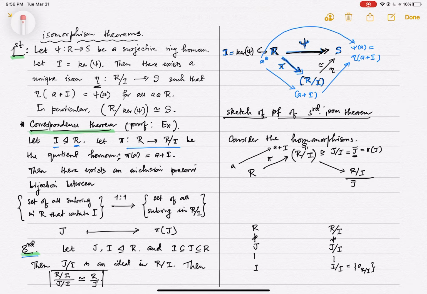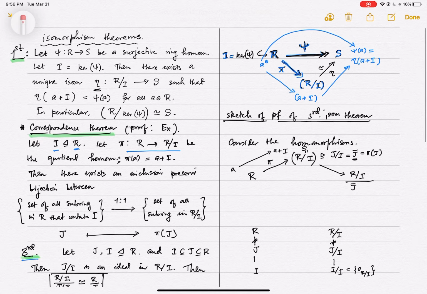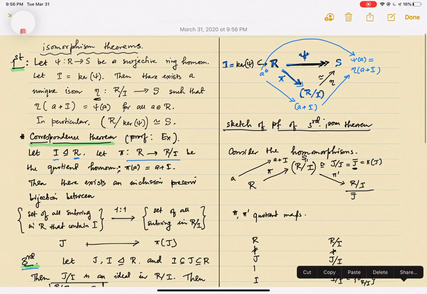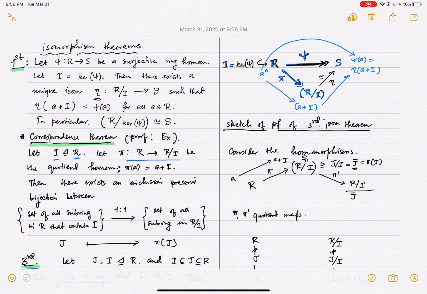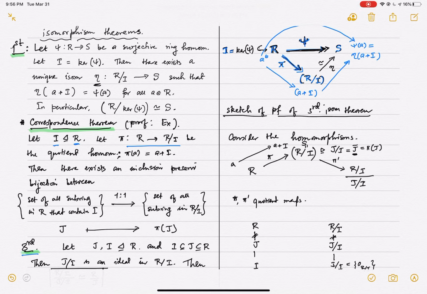Okay. So this is also a quotient map. Let's call that pi prime. So pi and pi prime are quotient maps. And again, J bar is the same as J plus I, J mod I. So I can go from R to R mod I mod J mod I in 2 steps.